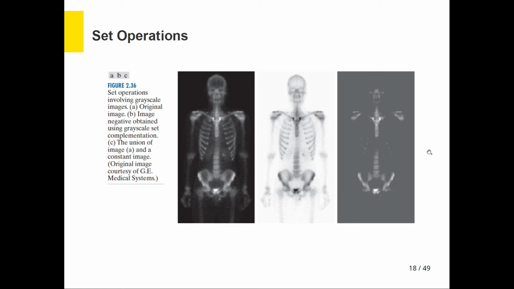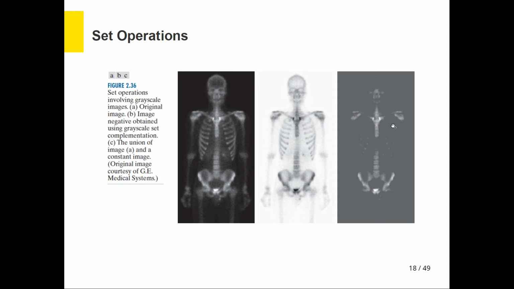So now let's see how this can be applied in real images. On the left we have the original image. In the middle we use the set operation for complement to create a negative of the initial image. As you can see, anywhere that the image was black is now completely white, and anywhere the image was white is now black, and all the intensity levels in between the two are reversed.